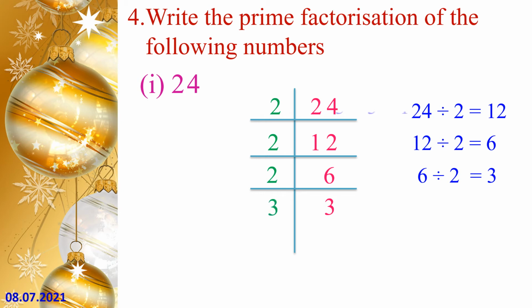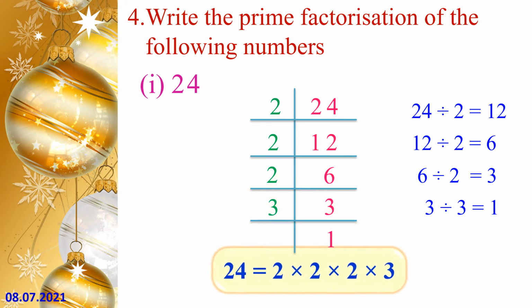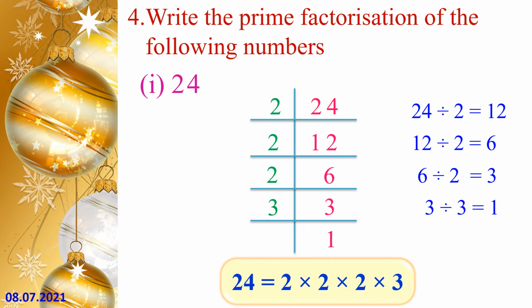So 3 divided by 3 equal to 1. Finally, to express 24 as the product of factors, therefore, 24 equal to 2 into 2 into 2 into 3.